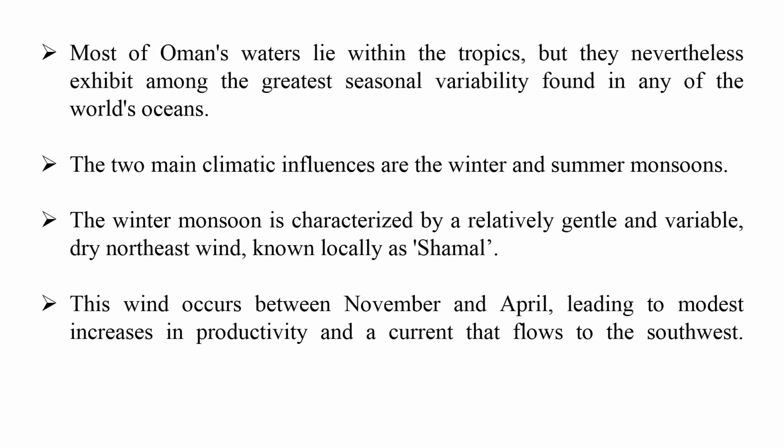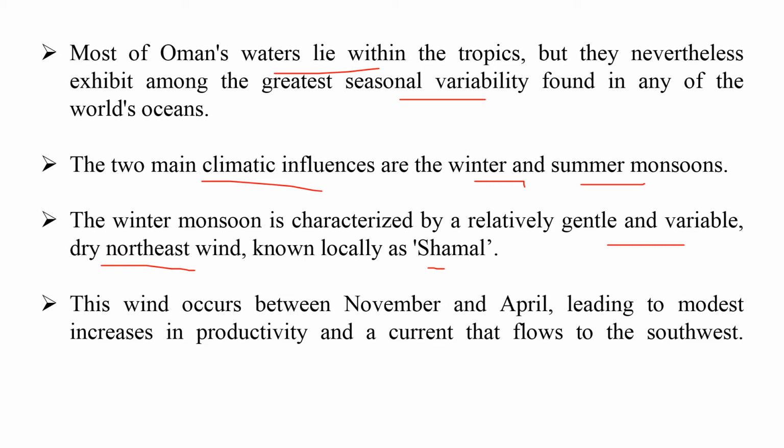And most of the Oman waters lie within the tropics. Nevertheless, the variation basically comes from the seasonal variability that I have already talked about. The monsoon, two types of monsoon: summer monsoon and winter monsoon, are the main climate influence of this country. The winter monsoon is characterized by relatively gentle and variable, calm winds, the dry northeast wind, basically called the shamal.